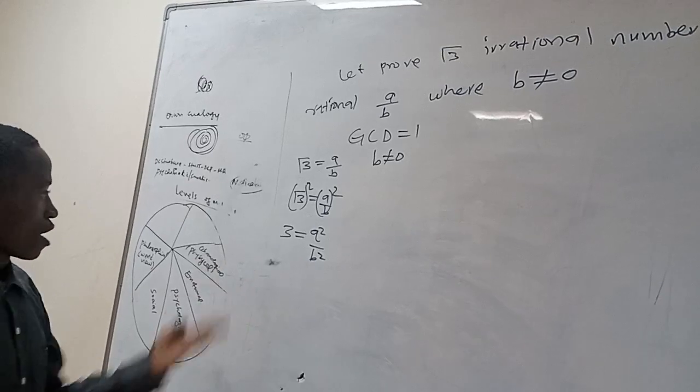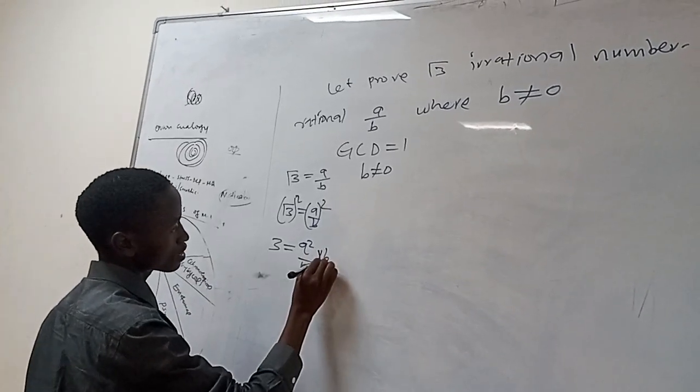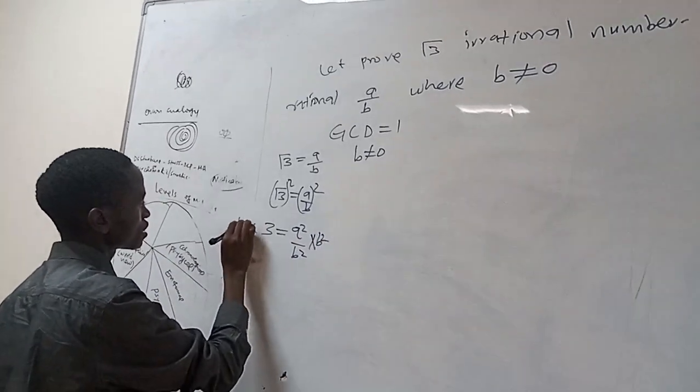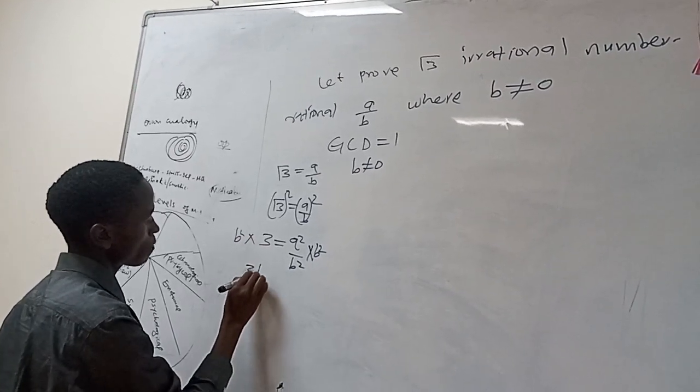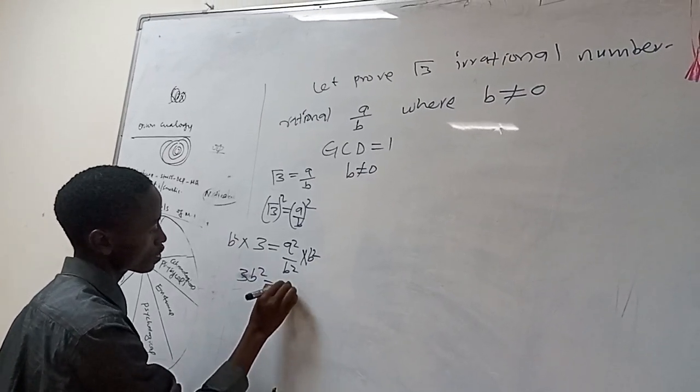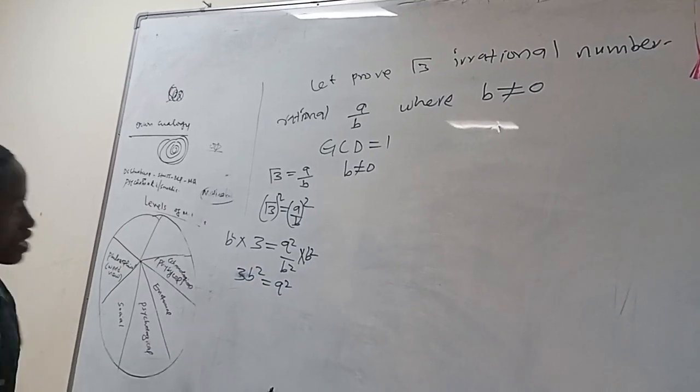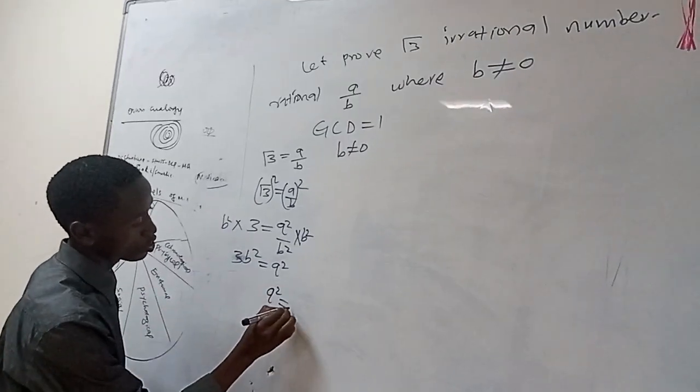And multiplying by b squared on both sides, you get 3b squared is equal to a squared. So you get that our a squared is a multiple of 3.